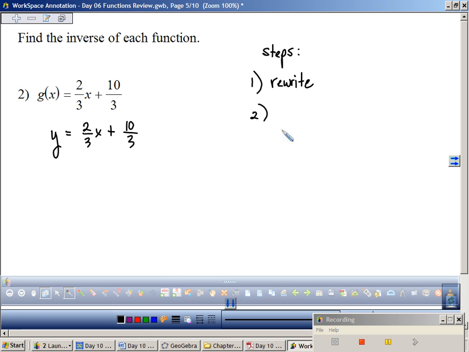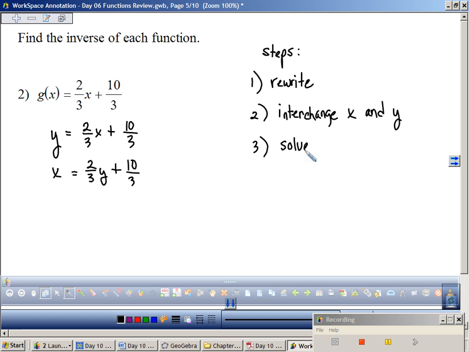What's my second step? Interchange x and y. And my third step? Solve for y.